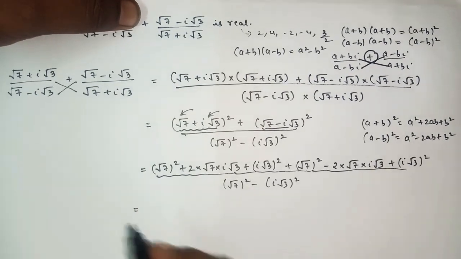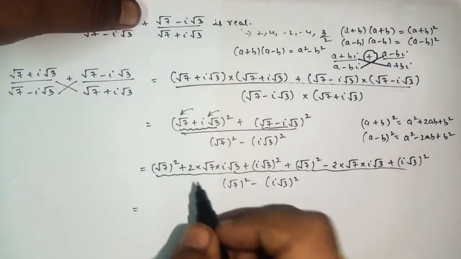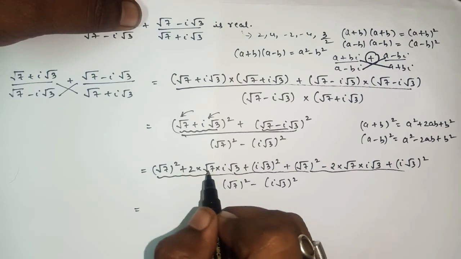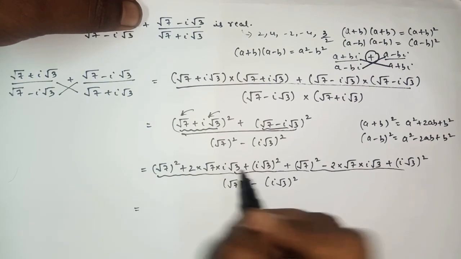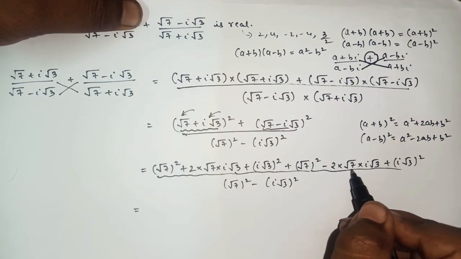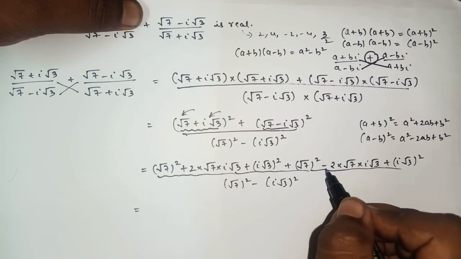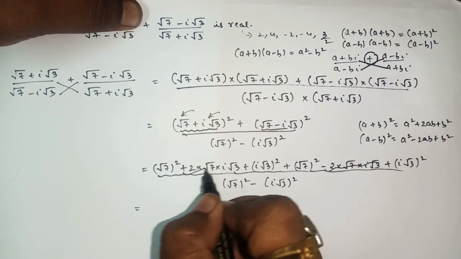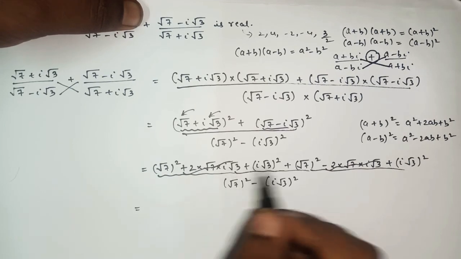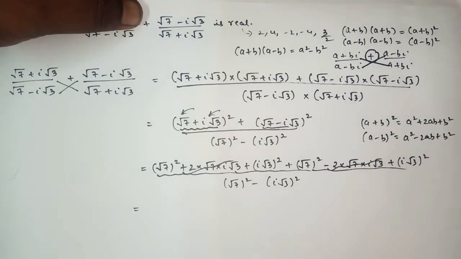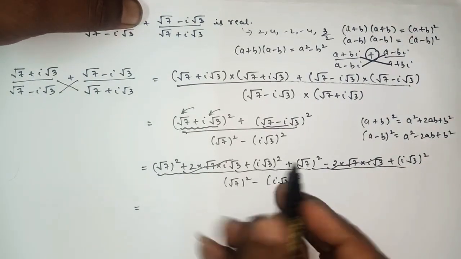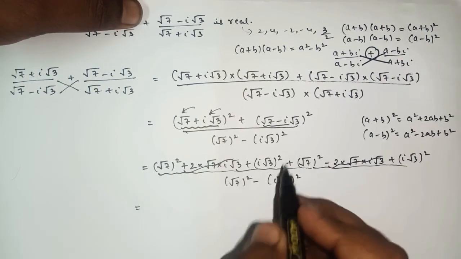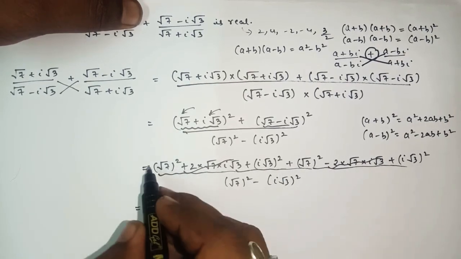Now in the next step, here we have plus 2 root 7 into i root 3, and here we have minus 2 root 7 into i root 3. So can I cancel this part? As we know, the same term with the opposite symbol can cancel. But this other part we cannot cancel as it contains the same symbol: plus, plus.